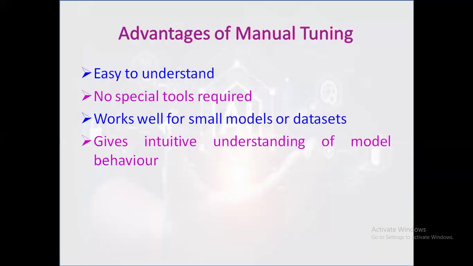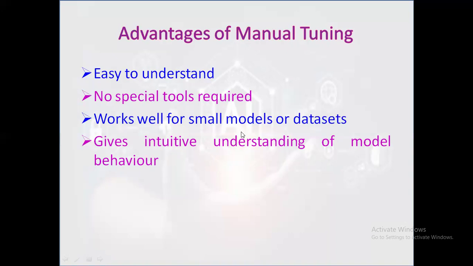Next, advantages of manual tuning. It's easy to understand. Manual tuning is conceptually simple because it involves directly changing values and observing outcomes, making it easy for beginners to grasp. No special tools are required. Unlike automated tuning methods, manual tuning does not require additional optimization software or complex frameworks. And the next, it works well for small models or data sets.